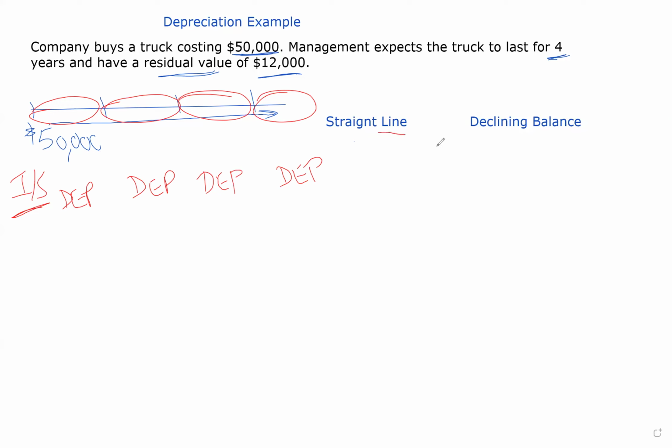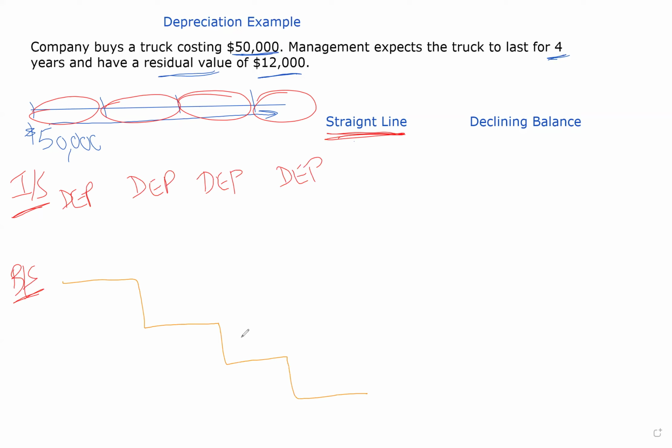And if we're applying this straight line method, then the carrying value on the balance sheet, what happens to this truck? Well, as we say, it depreciates, and its carrying cost or its book value starts to decrease until it gets to its residual value.